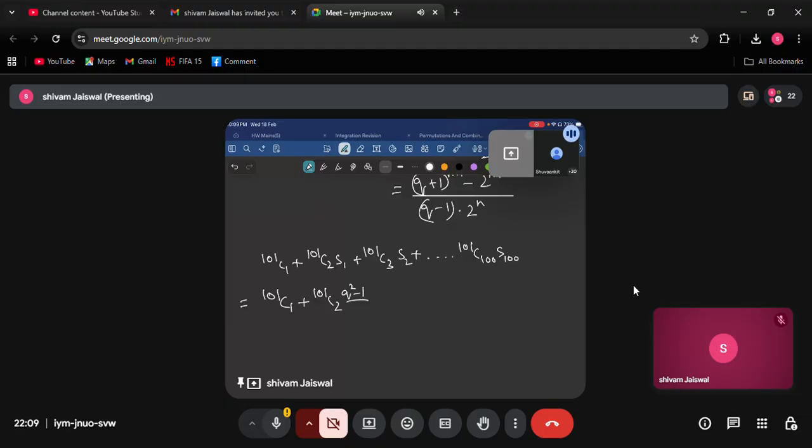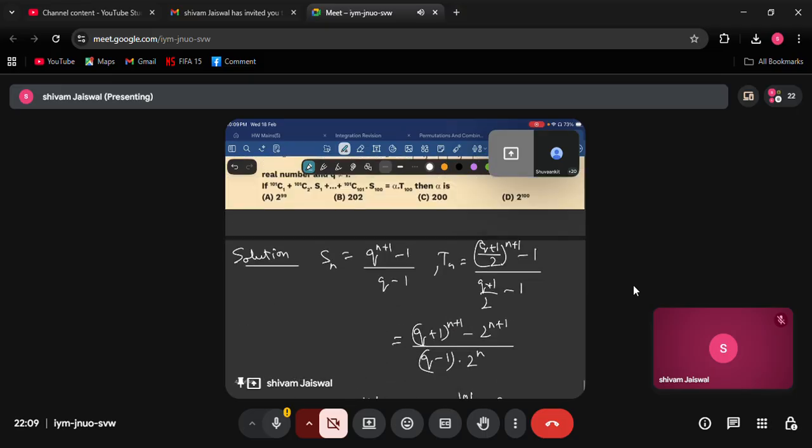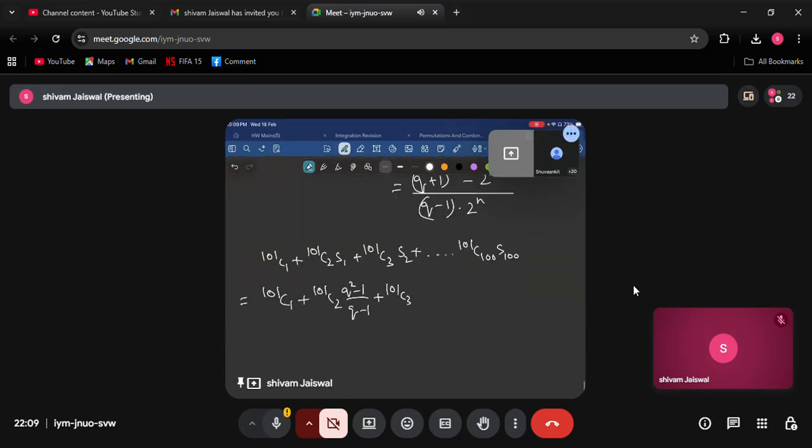Similarly, Shwankit, tell me what will be S2. Wouldn't the last term be 101 C 101? Yes, yes. Quickly tell me what will be S2.